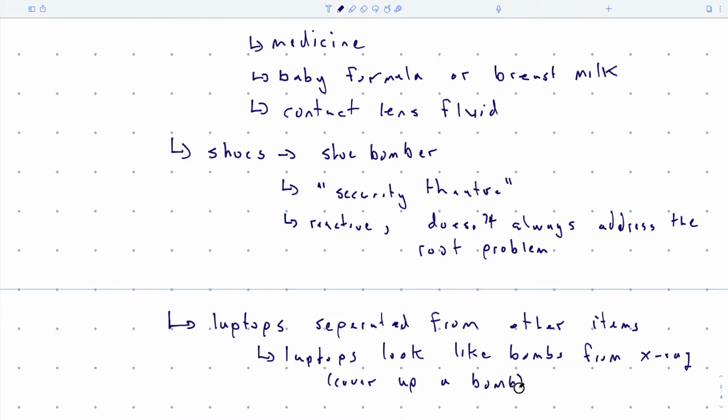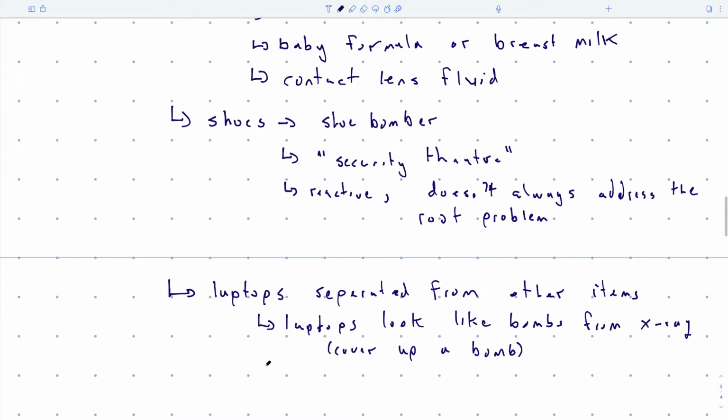So they could cover up a bomb, or they could actually be a bomb themselves. And so, as mentioned, sometimes they make you turn them on as well. So they want to see that it's a functioning laptop.